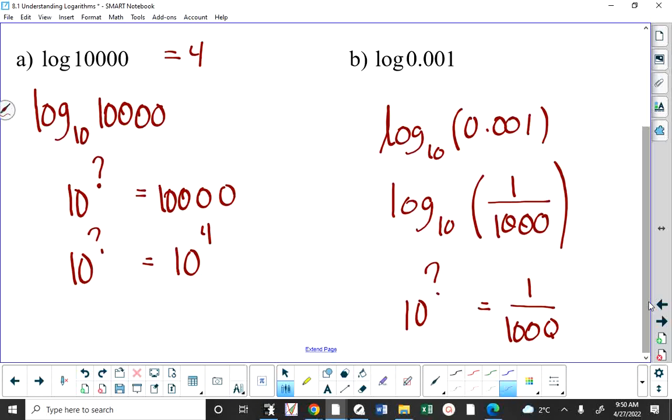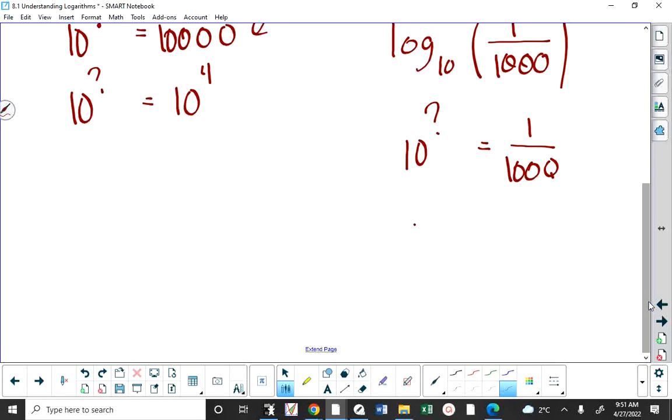And I know that when we went from just thinking about it to writing it down here, a lot of light bulbs went on in a lot of your heads. I know that not as many light bulbs will necessarily go on here in this one. But if we write this as a common base, this is 1 over 10 cubed. 1 over 10 cubed is 10 to the negative 3.